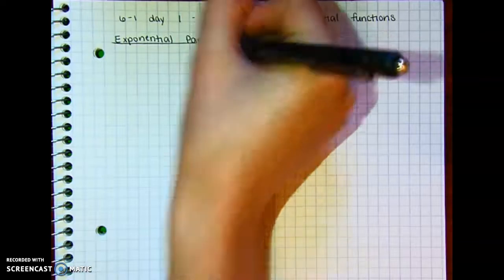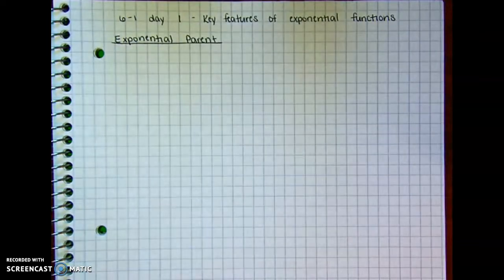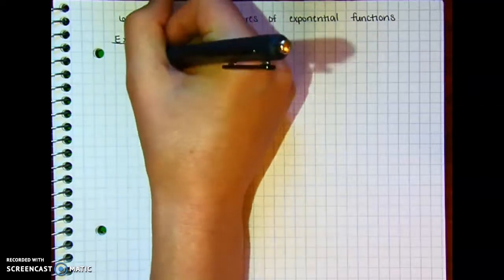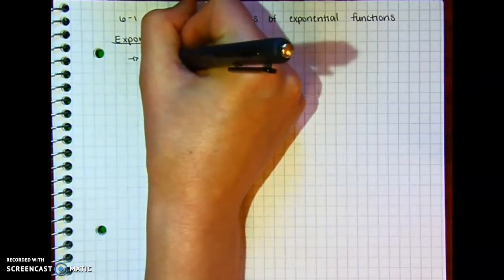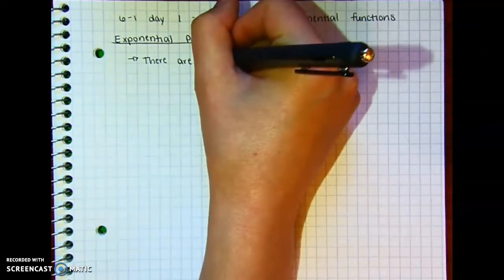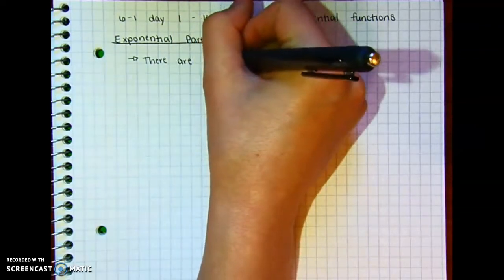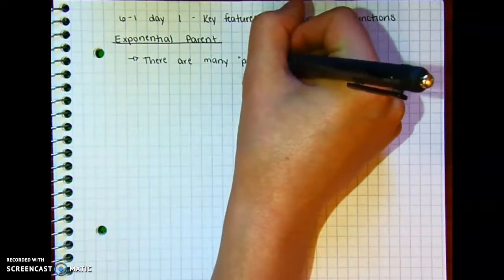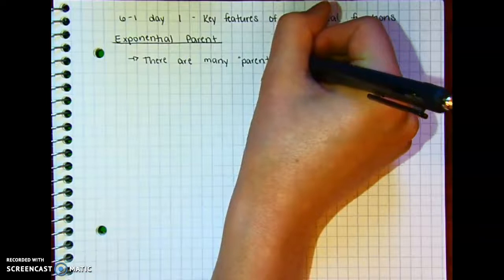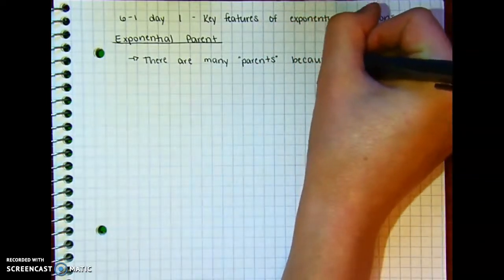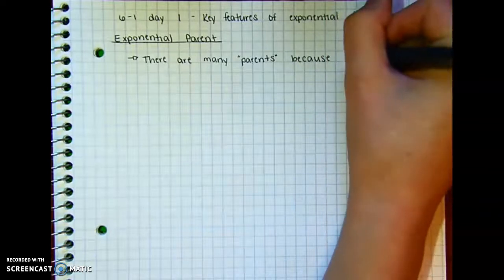The exponential parent is interesting and unique because there are actually many of them. I guess an infinite amount. There are many parents because the base can change.